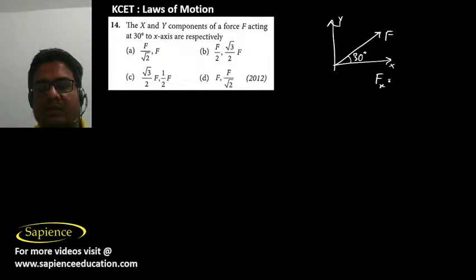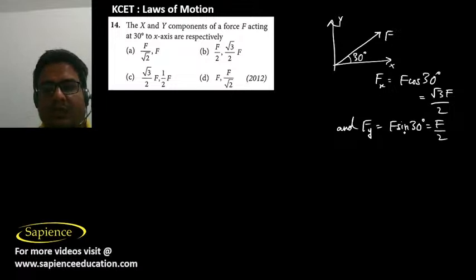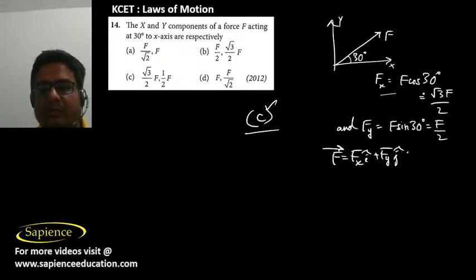So the x component of the force will be equal to F cos 30 degree, which is equal to root 3 F by 2, and the y component of the force will be equal to F sin 30 degree, that is equal to F by 2. So option C is the correct answer. The force F is actually written as Fx i cap plus Fy j cap. So here the x component is root 3 F by 2 and the y component is F by 2.